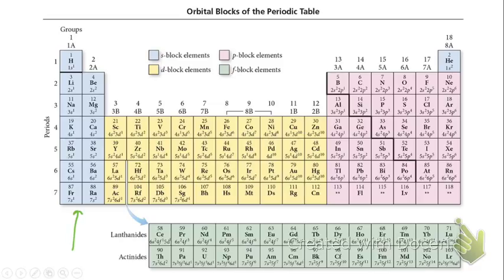So they end with an S. Here is a P block. They end with a P. D block ends with D's, and F block ends with F's.